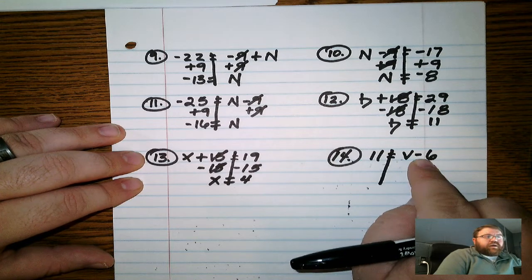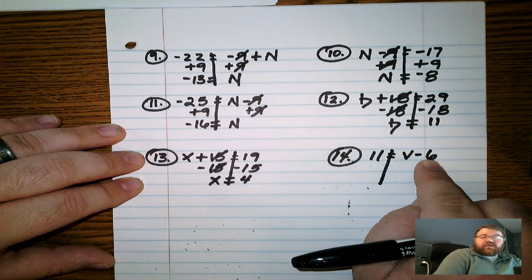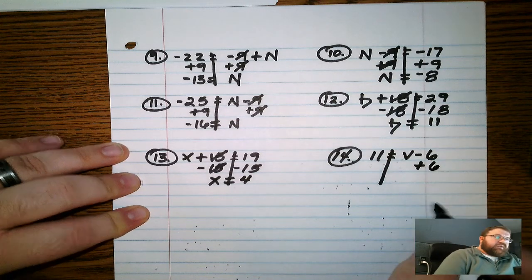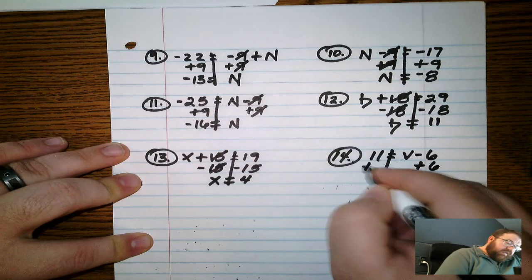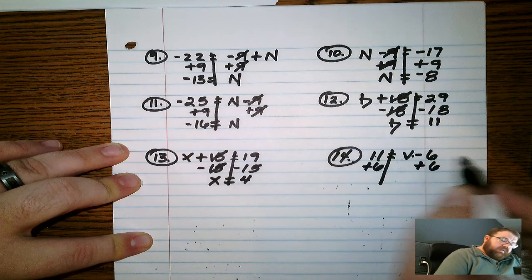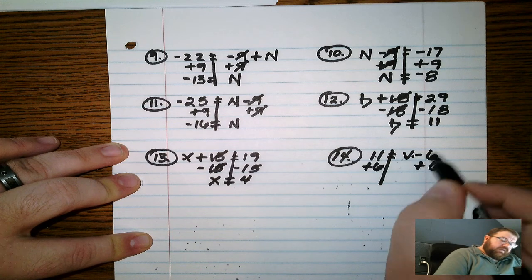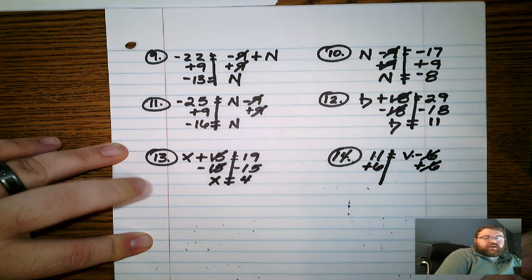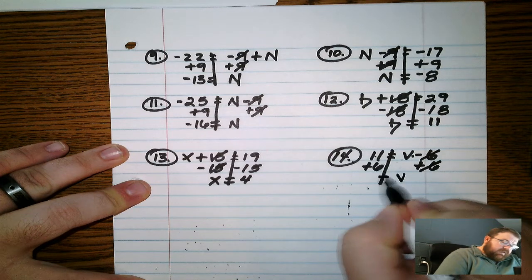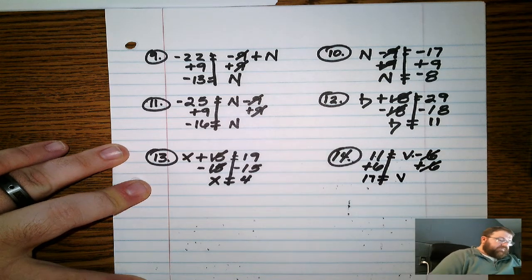In this case, it's minus 6 or negative 6. So the opposite of that would be to add 6. And we have to do it to both sides because these two sides are equal to one another. Negative 6 plus 6 is 0. So we would say that cancels. It leaves you with v equals 17.